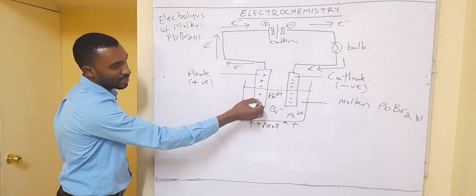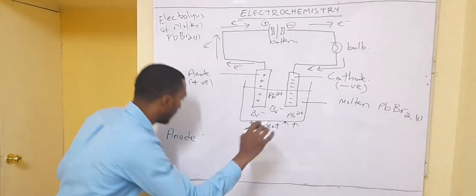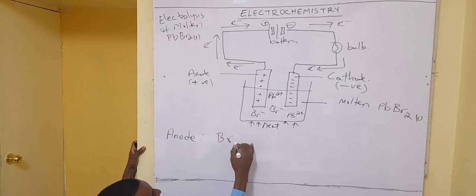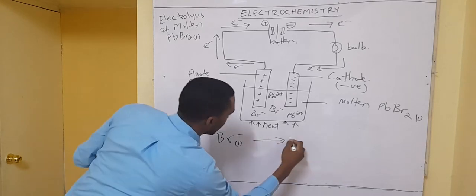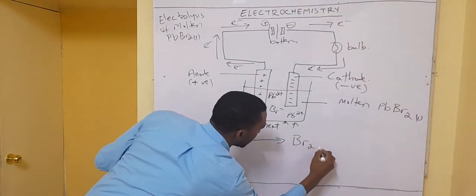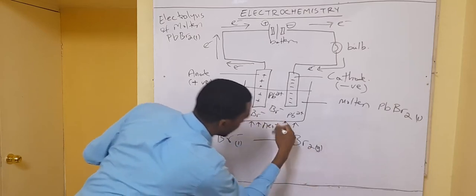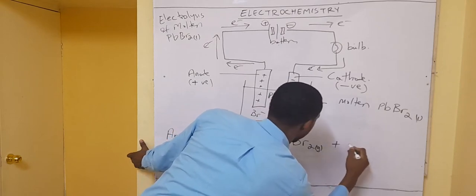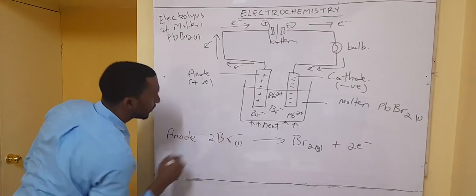So if the anode is positive, the negative ions are going to go to the electrode. Alright? So at the anode, it's going to be 2Br- liquid, they lose electrons to produce Br2. It's going to be gas in this case because it's so hot, plus 2 electrons. So to balance it, it will have to be 2 here.